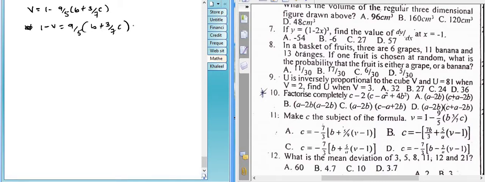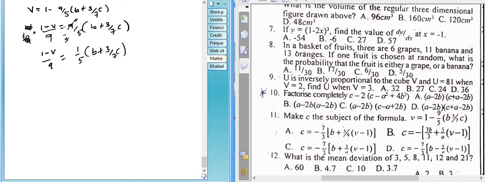If you divide both sides by 9, this 9 will go, and also here we have over 9. So we have 1 minus b over 9 is equal to 1 over 5 into b plus 3 over 7 c.